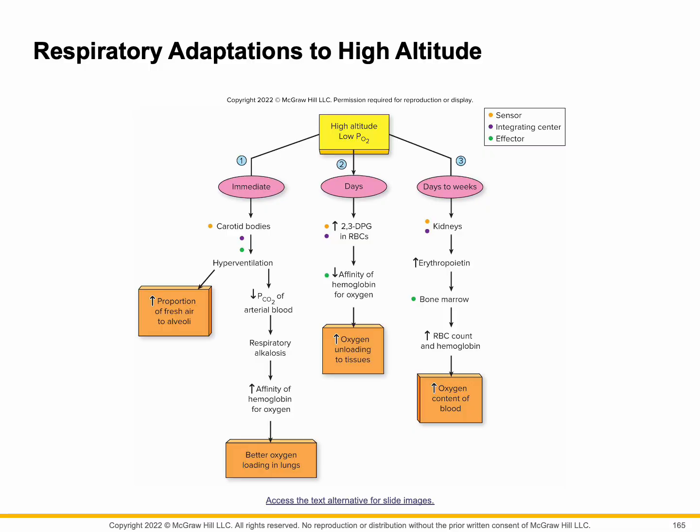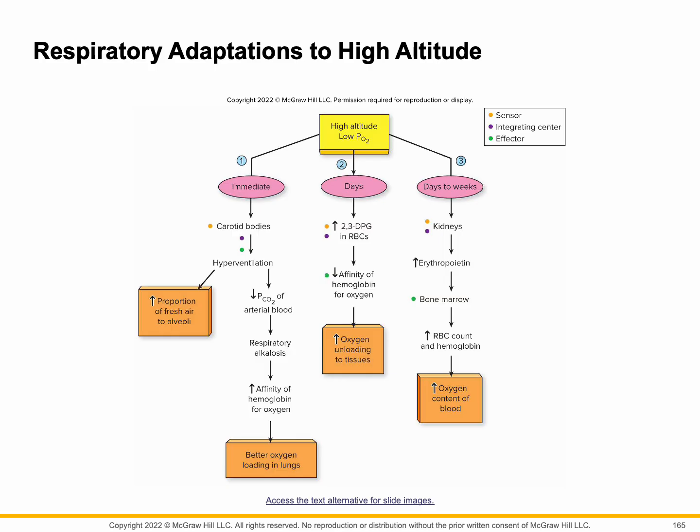This slide shows the respiratory adaptations to high altitude. The immediate response is a change in ventilation as stimulated by respiratory centers in response to chemoreceptors in the carotid bodies. After a couple of days, another response becomes significant.